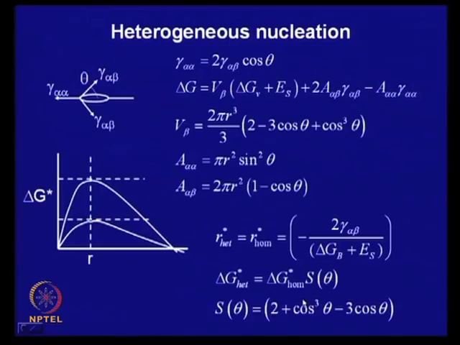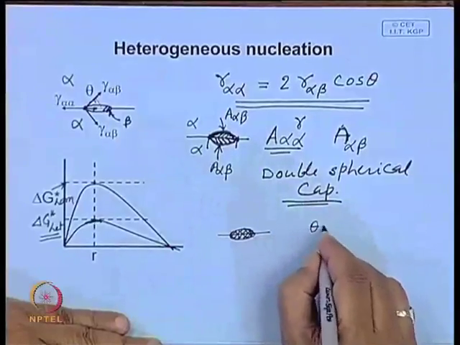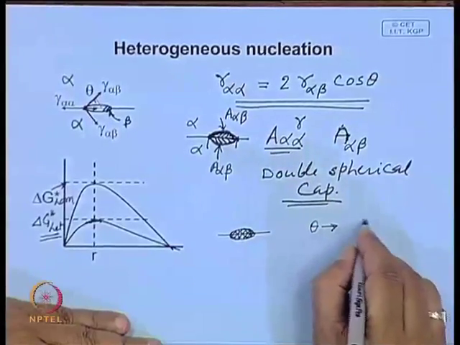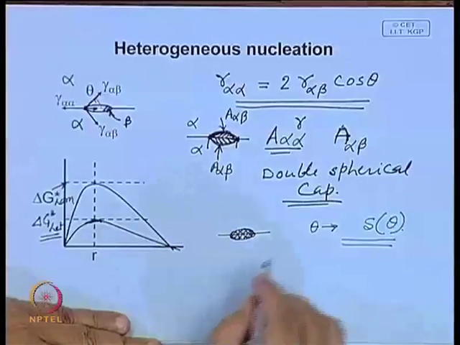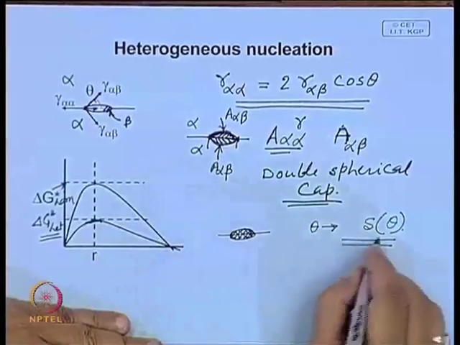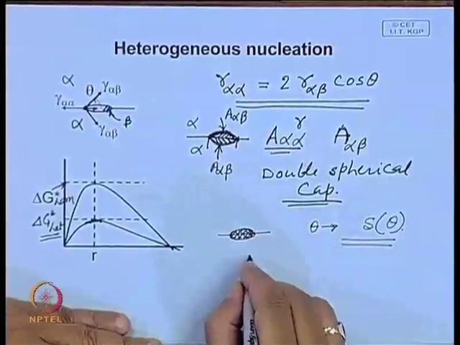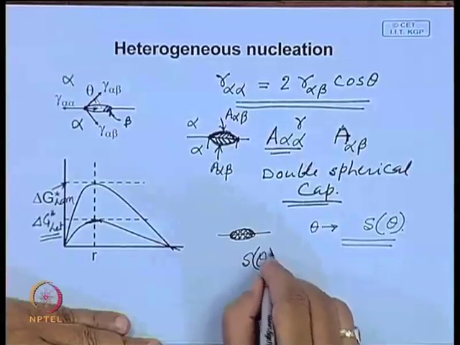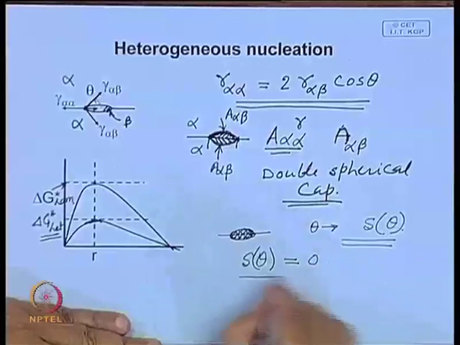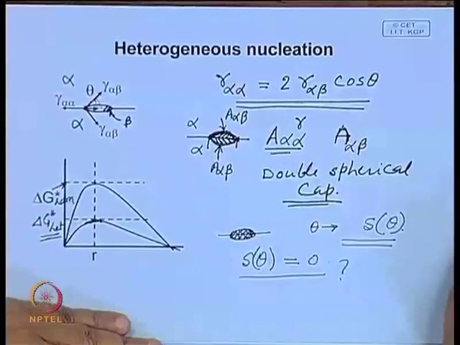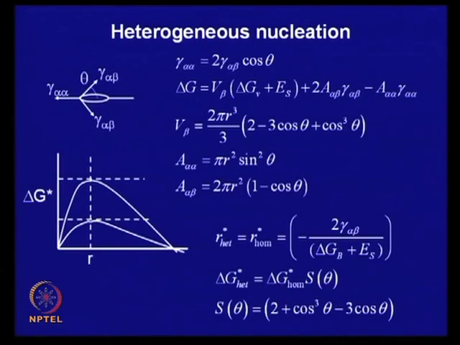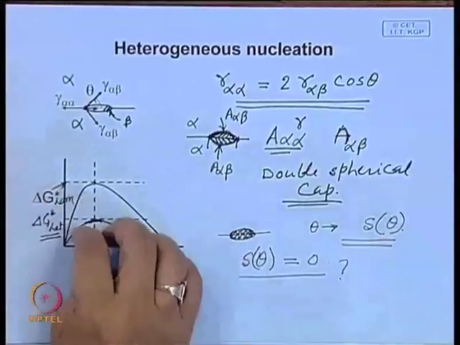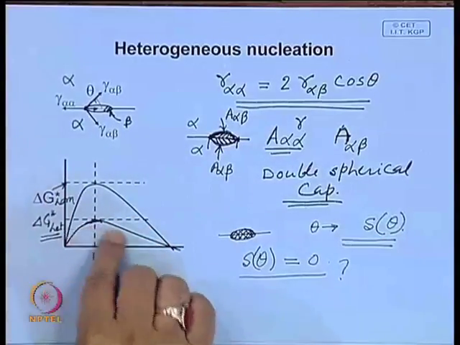You can try and find out for different values, say put different values of theta in this shape factor. Can you make this zero? When is this zero? I leave it to you to do it. So, in such cases, if this is equal to 0, there is virtually no activation hill.